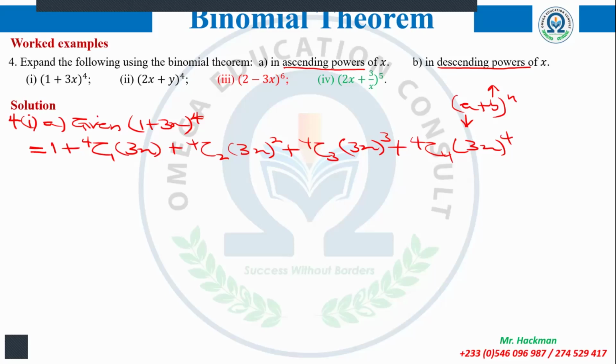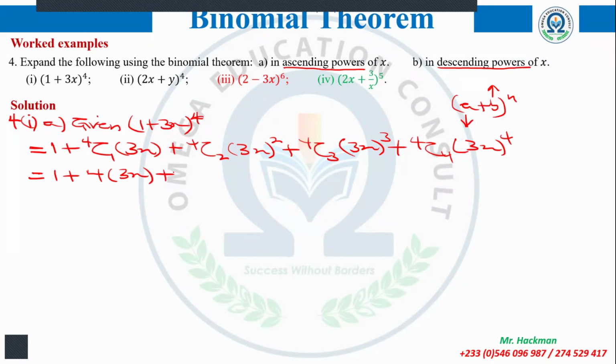Are you following? Okay, very good. So at this point, you use your calculator to do the combination and put the powers inside. So this will be equal to 1 plus, any number combination 1 is the number itself, so you get 4. Then to the power 1, if you put the power inside, you still get 3x.